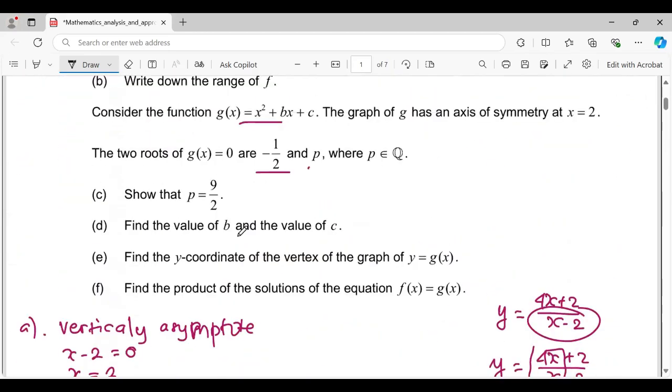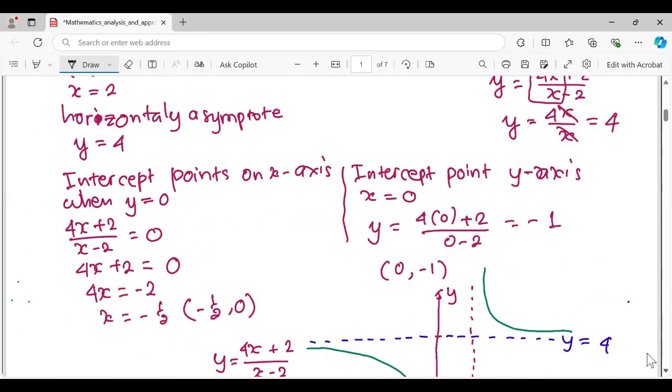Find the value of b and the value of c. We need to find this value b and c.